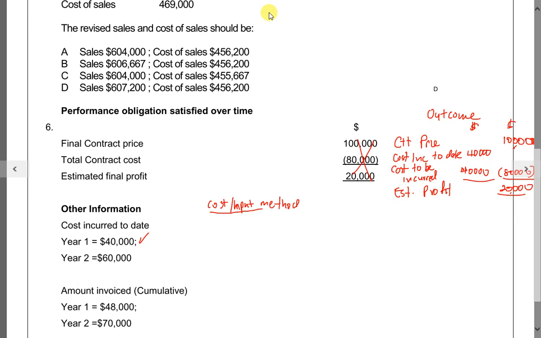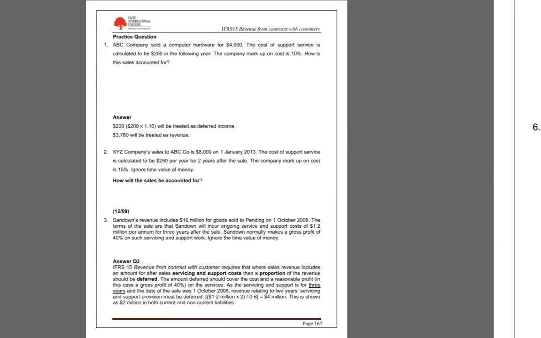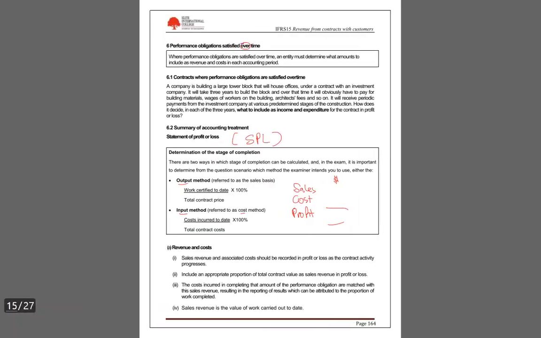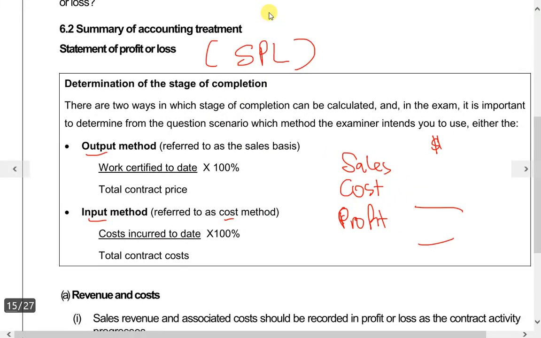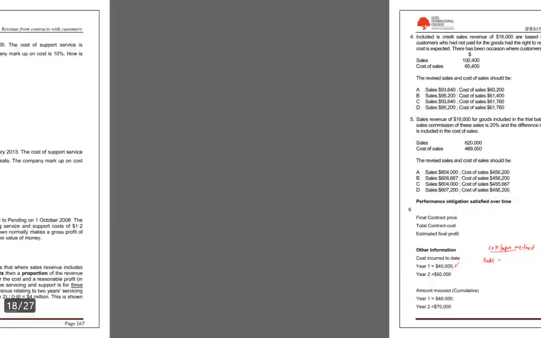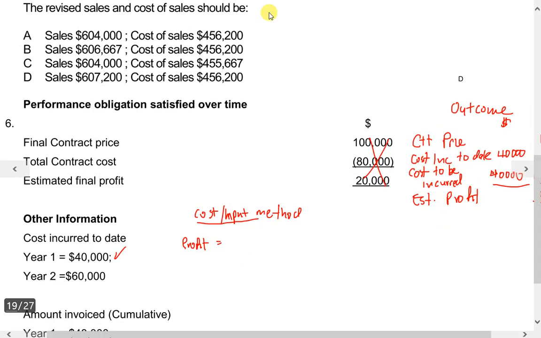So we want to recognize the profit. Profit will be the cost incurred to date, the format. Input method, cost incurred to date divided by total cost. $40,000 out of the 80,000 cost.